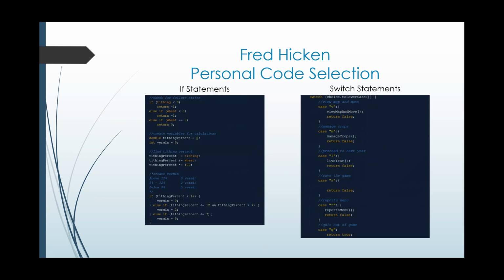All right, this is a little code segment talking about the Java selection statement here for me. And in here we see my if statements on the side, and specifically it shows if statements for checking for failure states, to check large swaths of possible inputs.